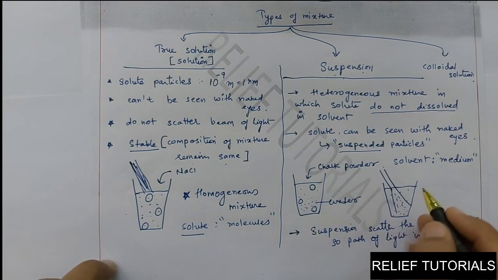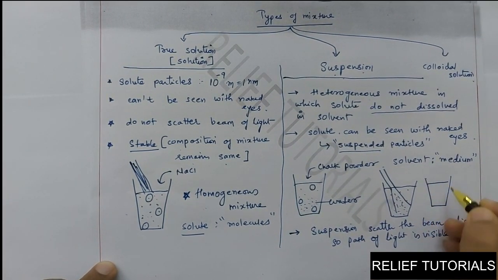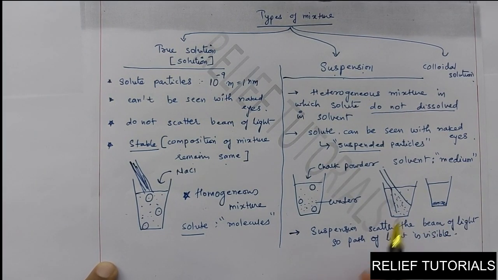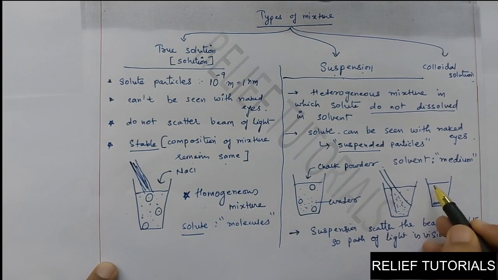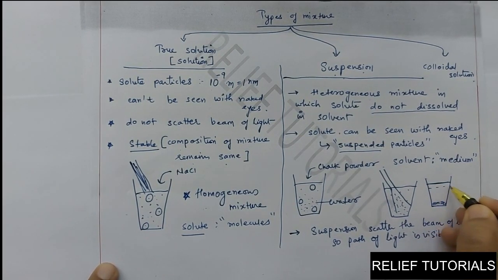Then after some time, what we will observe that the solute particles settle down at the bottom. Previously they were moving here and there in the uneven amount everywhere, but once you make it steady for some time, undisturbed for some time, the only water left here on the top part and all the heavy particles of solute settle down at the bottom.